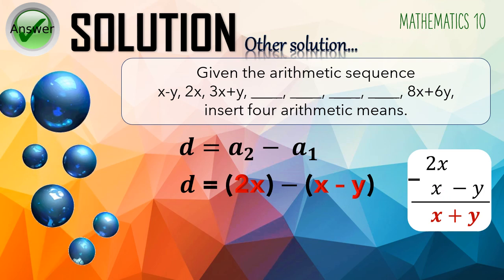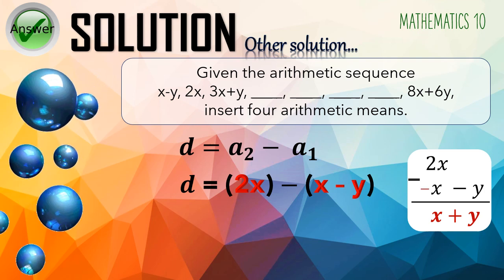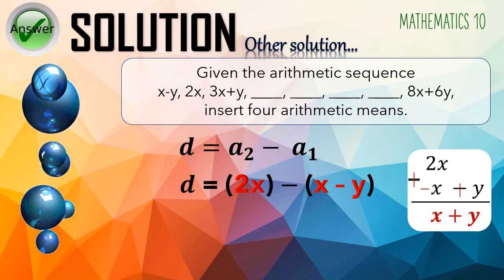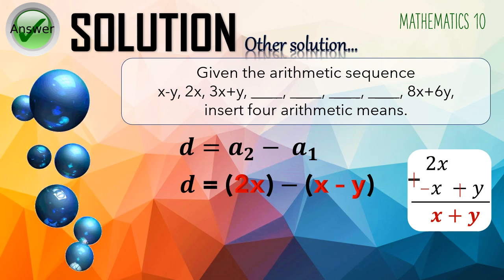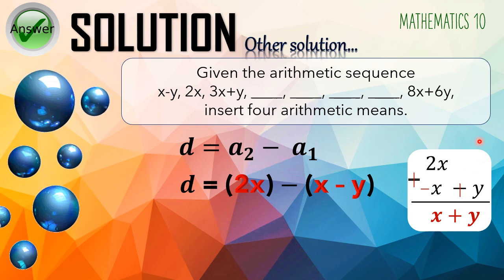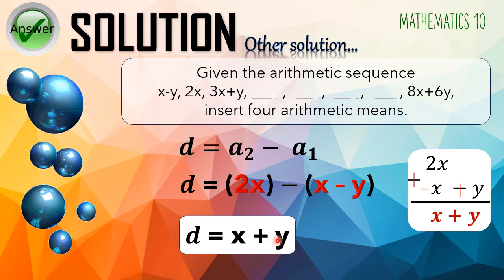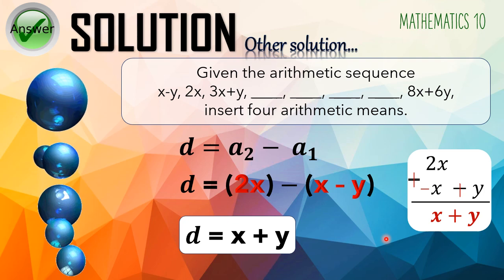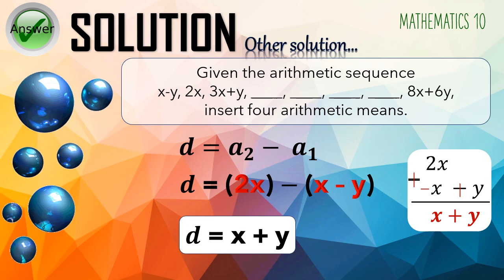And so you proceed with addition. And so we will have 2x plus negative x is x, and then nothing plus positive y is positive y. That means our difference would be x plus y. We got the same answer as the first solution that I presented. It's x plus y.